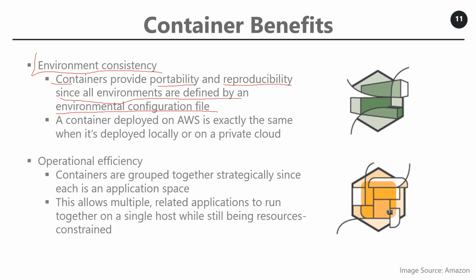So your containers will always be consistent, they will always be identical. A container deployed on Amazon Cloud, AWS, is exactly the same when it's deployed locally or on a private cloud or any other cloud.